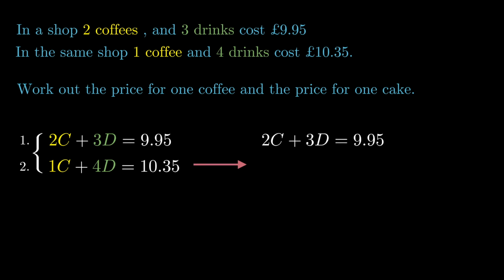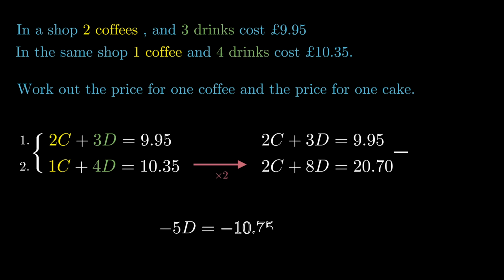So we get 1c times 2, which is 2c, 4d times 2, which is 8d, and 10.35 times 2, which is 20.70. Now we can subtract these two equations from each other. When we do 2c take away 2c, the coffees cancel out. 3d minus 8d, we get minus 5d, and 9.95 minus 20.70, we get minus 5d is equal to minus 10.75.